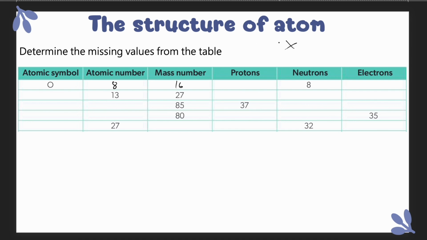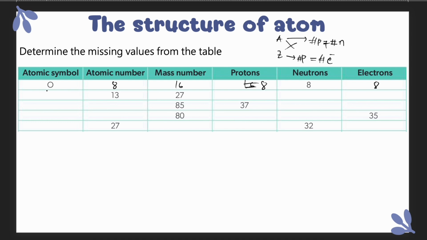So in X, A, and Z, Z is the proton number, and A is the number of protons plus the number of neutrons. And in a neutral atom, the number of protons is the same as the number of electrons. So protons should be the same as the atomic number, so 8, electrons the same.